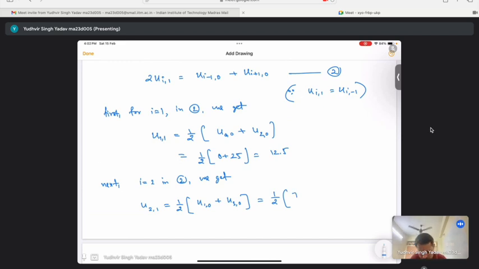That is, u(1,0) is nothing but 75 by 4, and u(3,0) is again 75 by 4. So the final answer is 75 by 4. You can either leave the solution here or proceed to the decimal values.